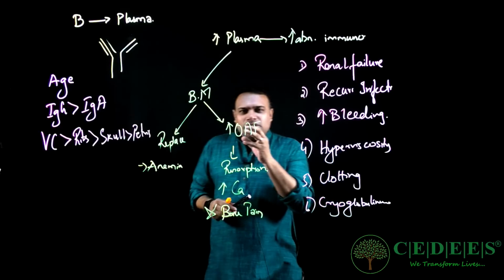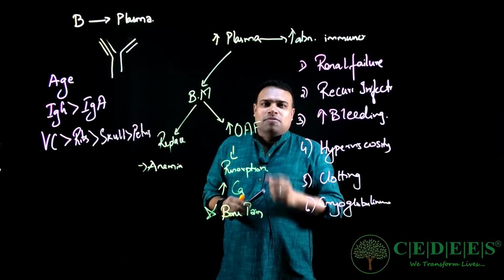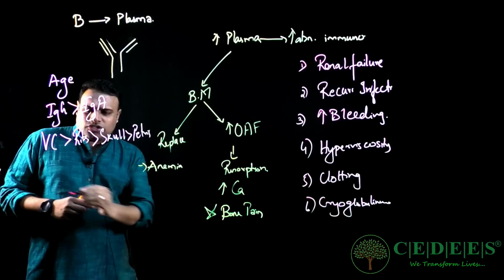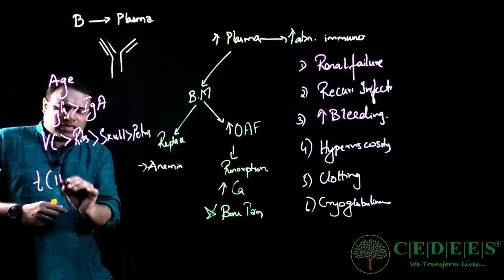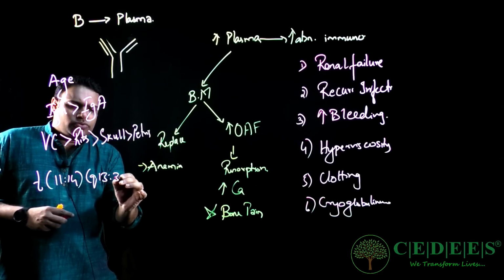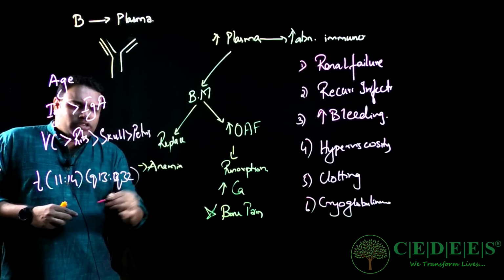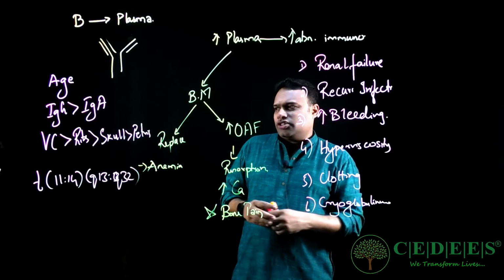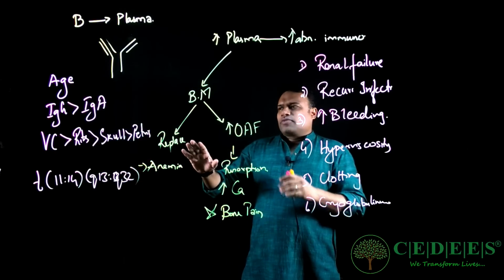Coming to the cytogenetic, I mean the chromosomal abnormalities, it is mostly to do with translocation, right? So the most important one is t(11;14), q13 to q32. So if you can just remember that, 11;14 is the most important fact for translocation.